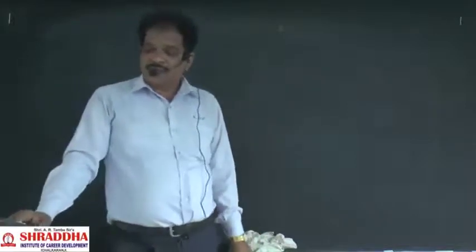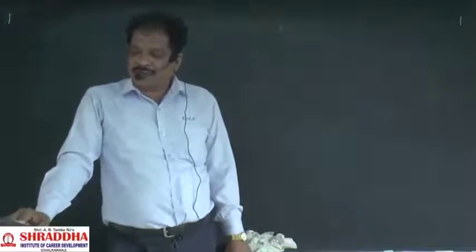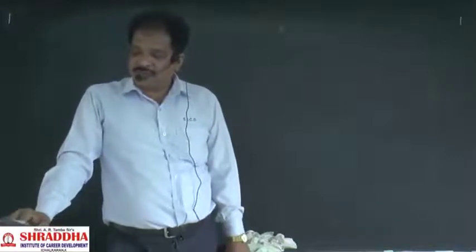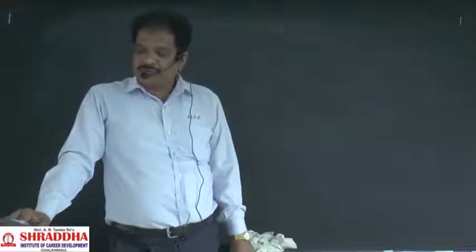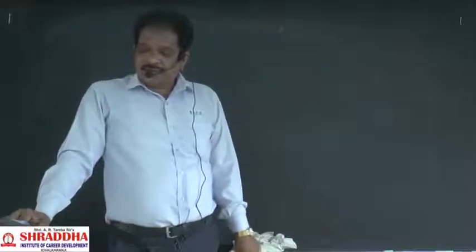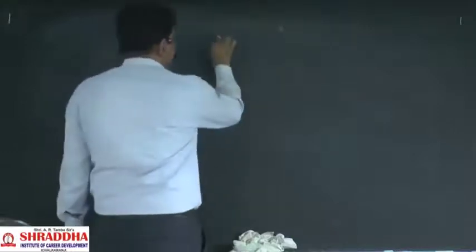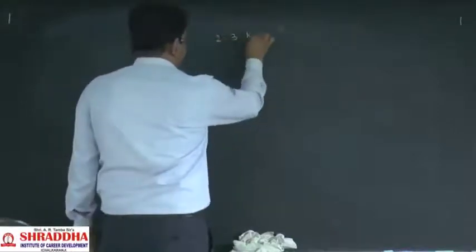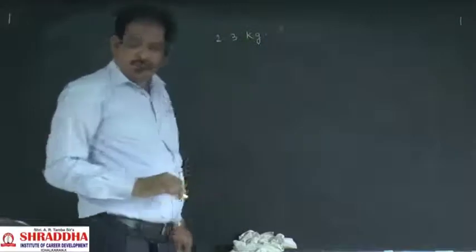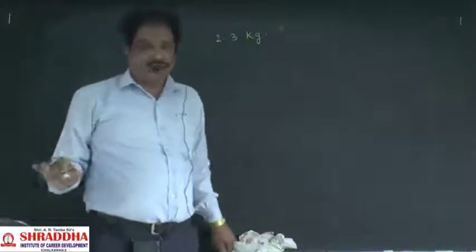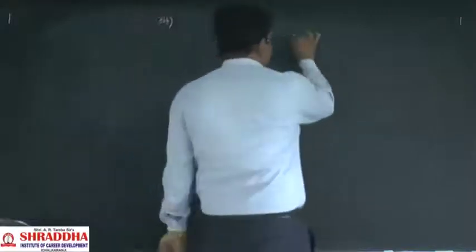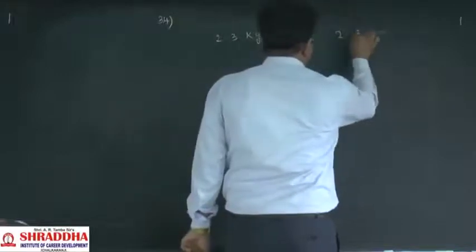The total mass of the box will be how much? That is the question. Clear? So, yes, 2.3 kg. Final answer is in kg, right? So you keep it as it is. 2.3 kg.